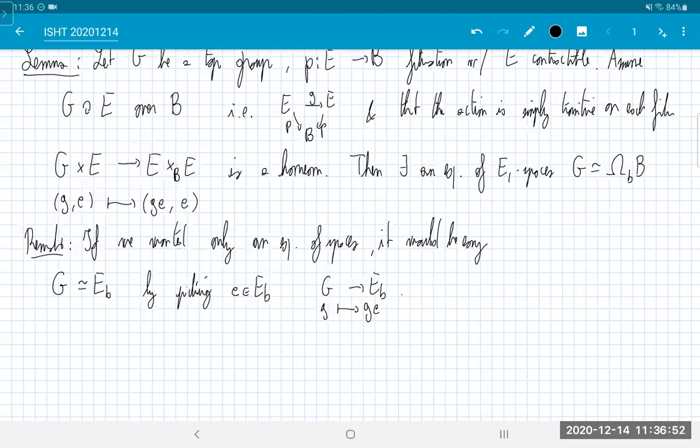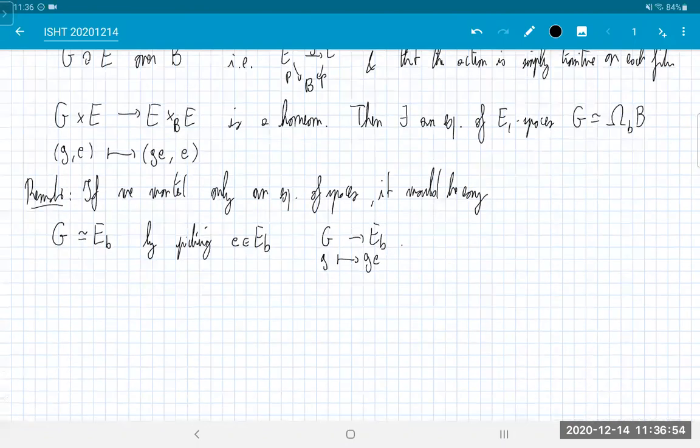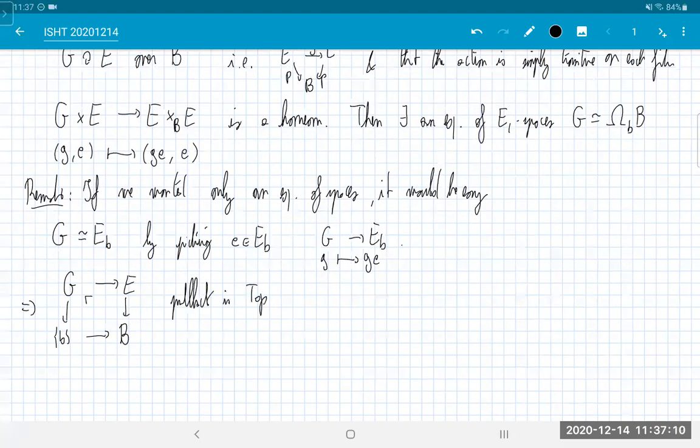It's actually a homeomorphism. And so you have a pullback square, a pullback in Top, but it's a homotopy pullback because P is a fibration. That's exactly the only reason why we want P to be a fibration.